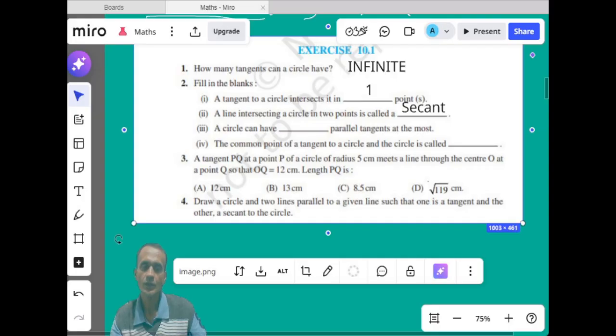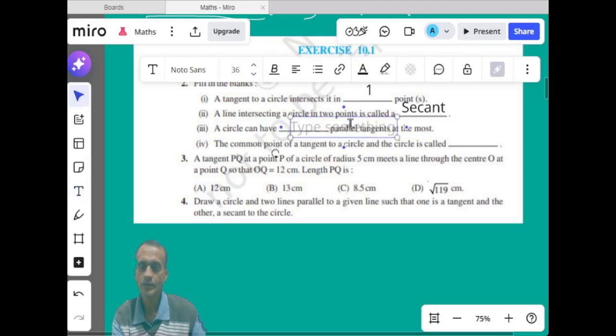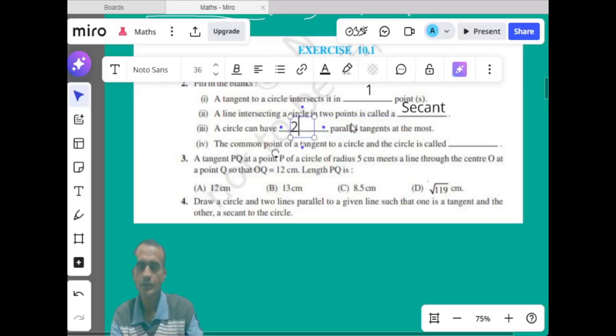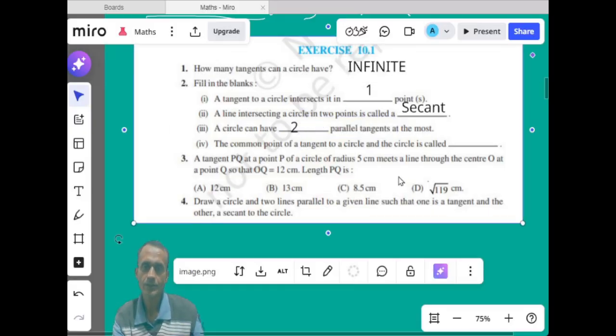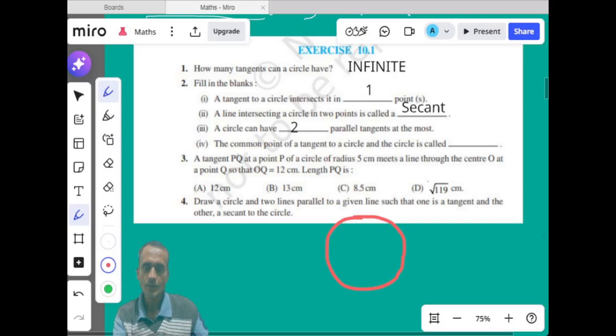So how many parallel tangents can a circle have? There can only be two parallel tangents. Let this be a circle. We can draw a line which is a tangent to the circle. All other lines drawn will be secants.